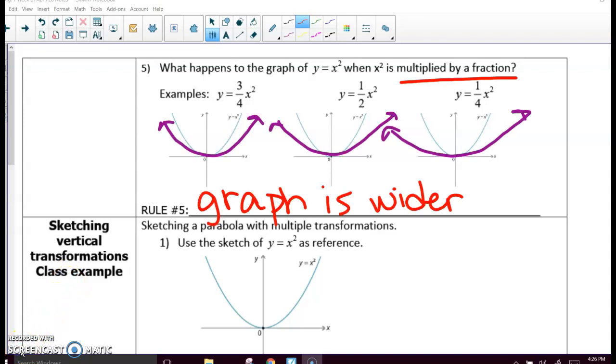You may have found when we multiply x squared by a fraction between 0 and 1, our graph becomes wider. What I would like you to do right now is hit pause, open up Canvas, and take concept check quiz number 1. When you are done, then return to the video.